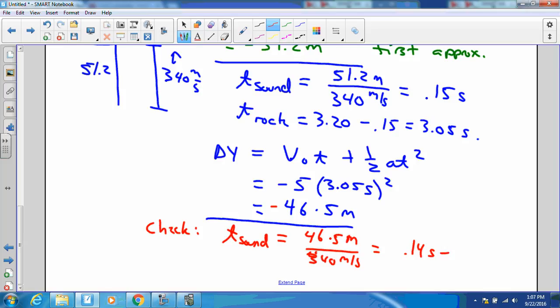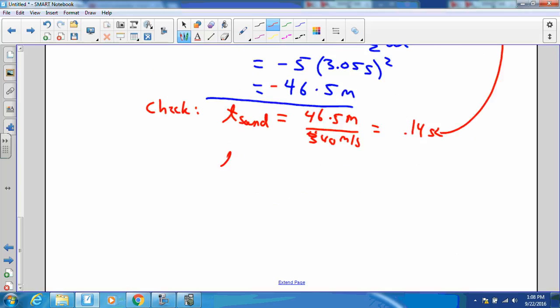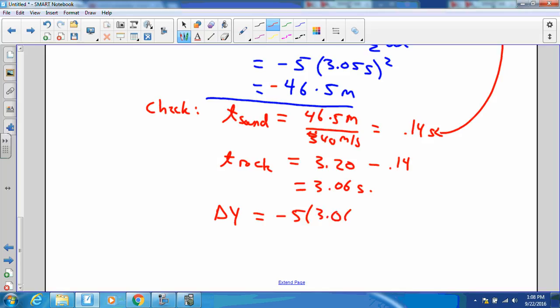And that gives me 0.14 seconds as the amount of time that it took for the sound to travel back up. Notice that my third draft answer and my second draft answer are practically the same. So that T rock is now going to be 3.20 minus 0.14, or 3.26 seconds. Excuse me, 3.06 seconds. There we go. And that makes more sense.